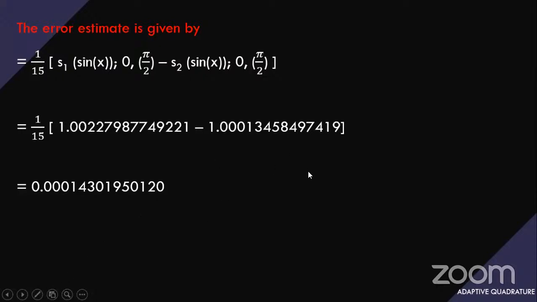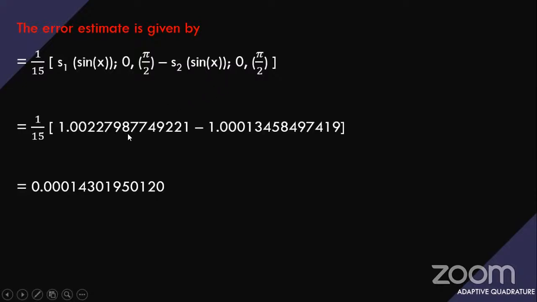So we'll go back to the error formula now that says 1 over 15 of S1, the integral of sine x from 0 to pi over 2. That's your first one, S1, the first interval they gave us, minus the second one, which is the subintervals, 0 to pi over 4 and pi over 4 to pi over 2, which is 0 to pi over 2.